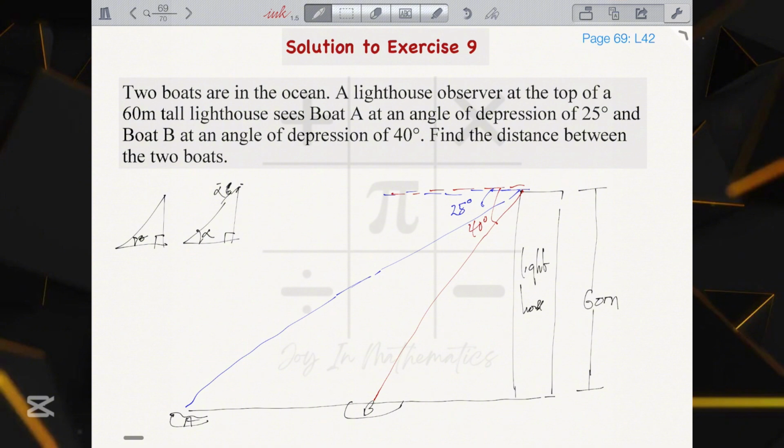So in essence, if you consider the adjacent angles, this place will be 40 degrees. Likewise, the angle of boat A will be 25 degrees.